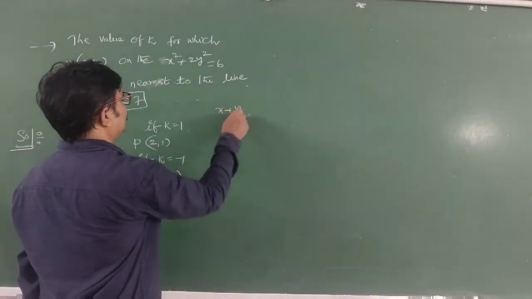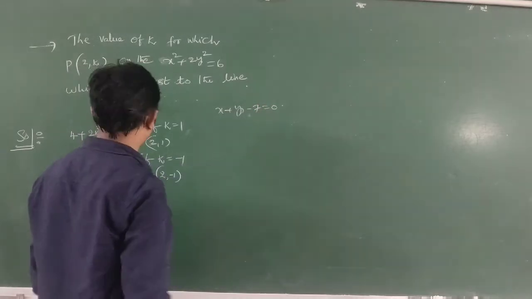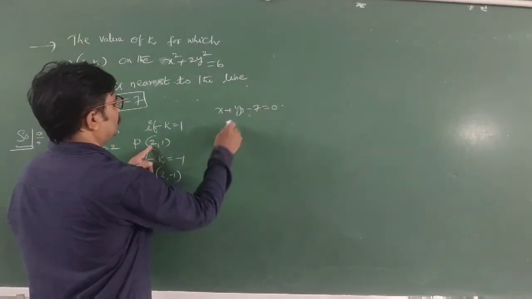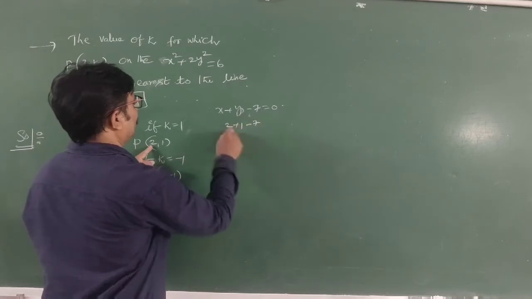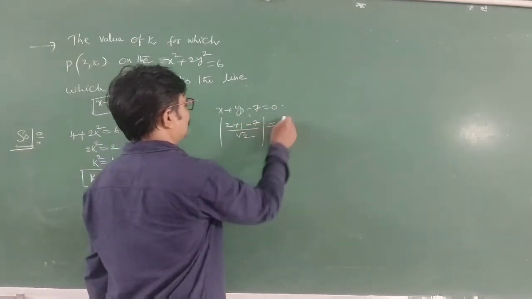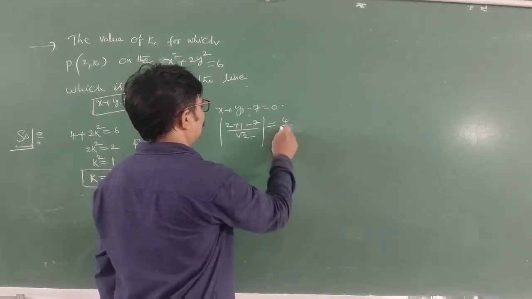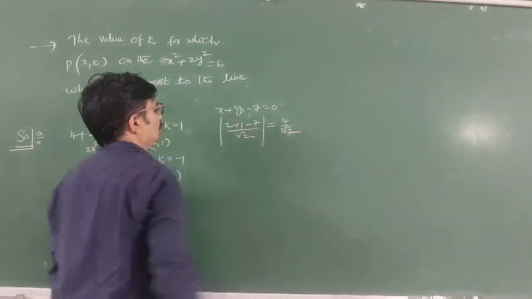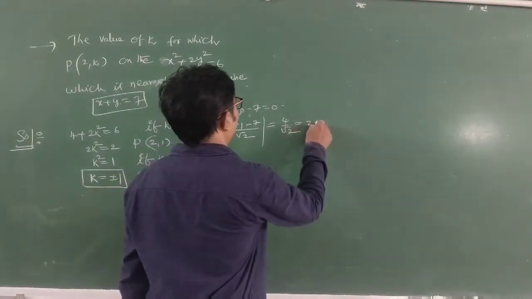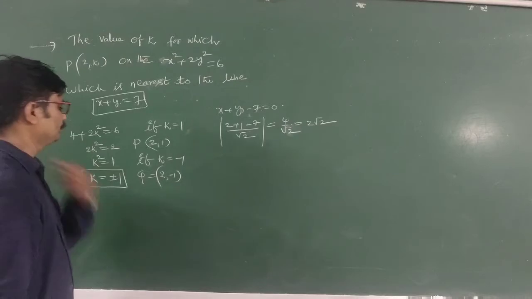What is the line given? x plus y minus 7 equal to 0. So dear students, taking 2 plus 1 minus 7 upon root 2, this is 4 by root 2. We can write this as 2 root 2.